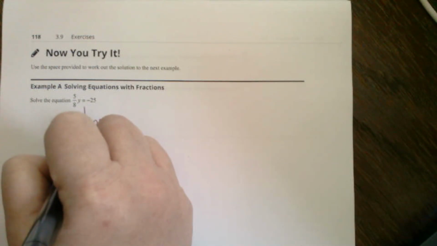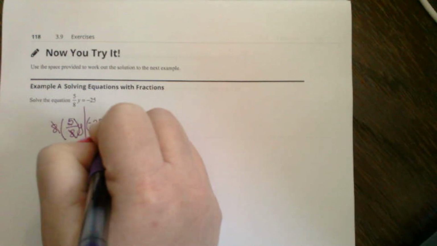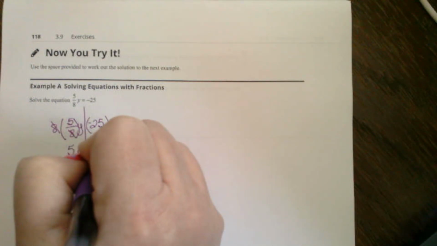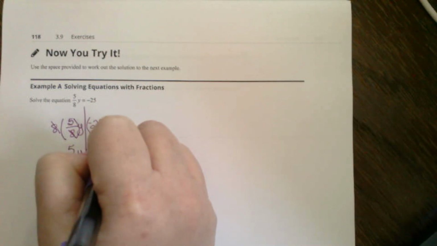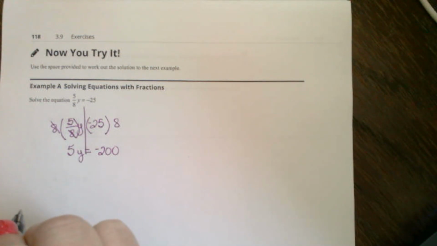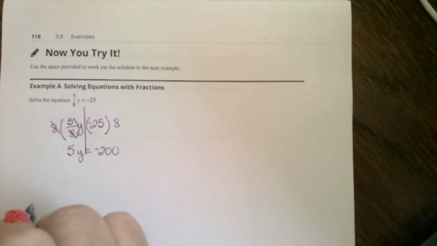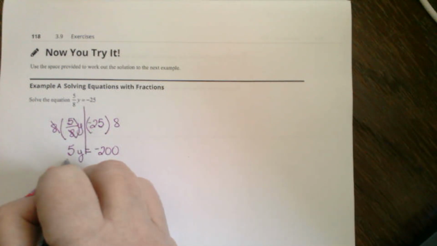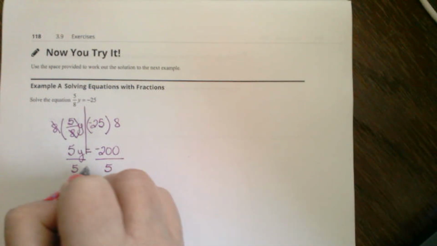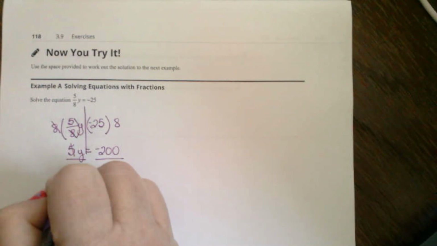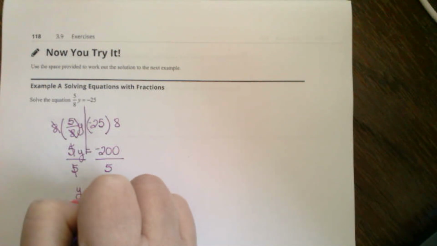They cancel each other out. That leaves me with 5y equals negative 25 times 8, which is negative 200. Then when I divide this by 5 on both sides to get the y by itself, I get y equals negative 40.